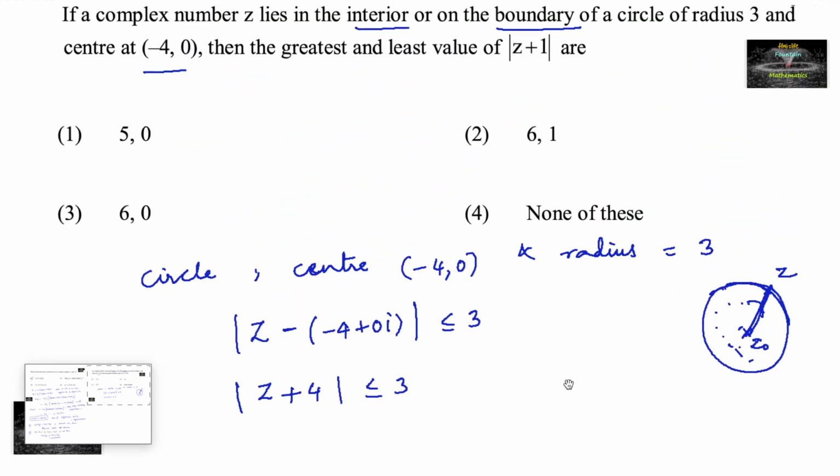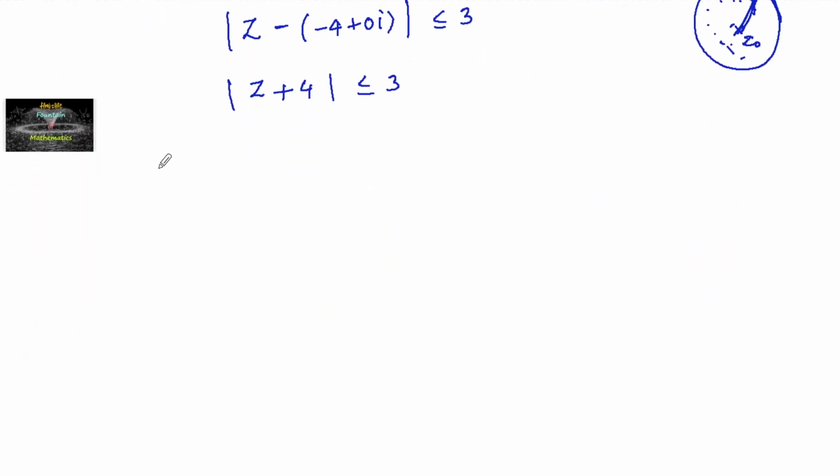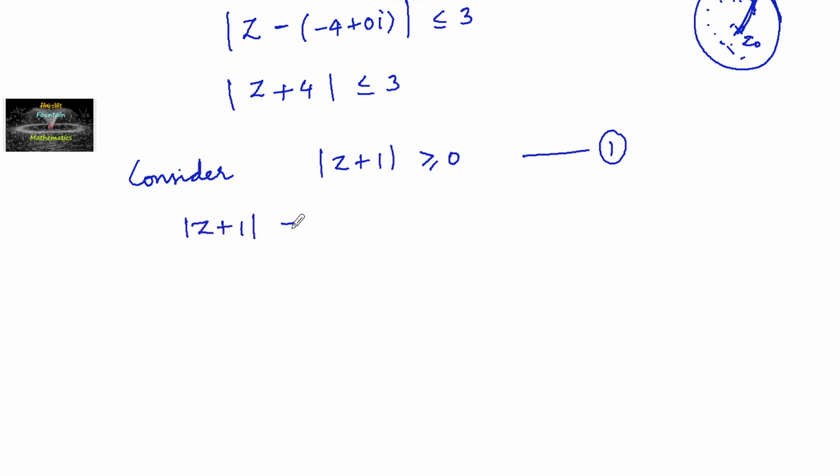And now we need to find the greatest and least value of mod of z plus 1. So consider mod of z plus 1, which is always greater than or equal to 0 because it's a mod. And let's write mod of z plus 1 as mod of z plus 4 minus 3, which equals mod of z plus 4 plus of minus 3.